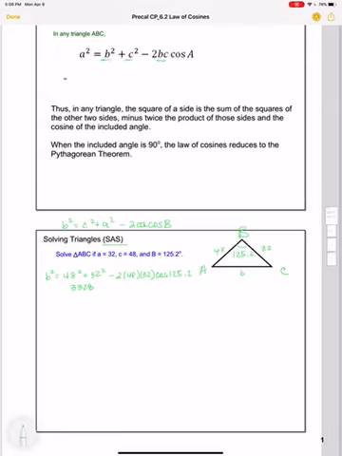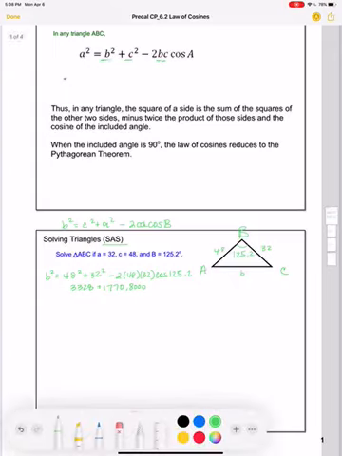So we have minus a negative, so that will be plus 1770.8. So I'm going to do 3328 plus 1770.8, and that's what b squared equals.